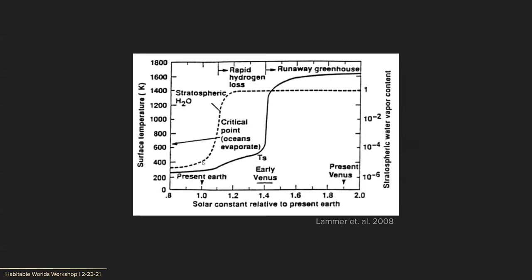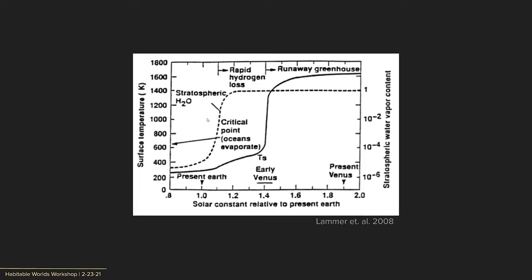And what's happening here is that as the Earth is receiving more radiation, that heats up the oceans and you evaporate water into the atmosphere. Water is an extremely potent greenhouse gas. And so as it goes up into the atmosphere, it helps trap more heat lower in the atmosphere, which helps evaporate more water. And so you get this kind of runaway evaporation here until all of your water that used to be in the oceans is now in the atmosphere.